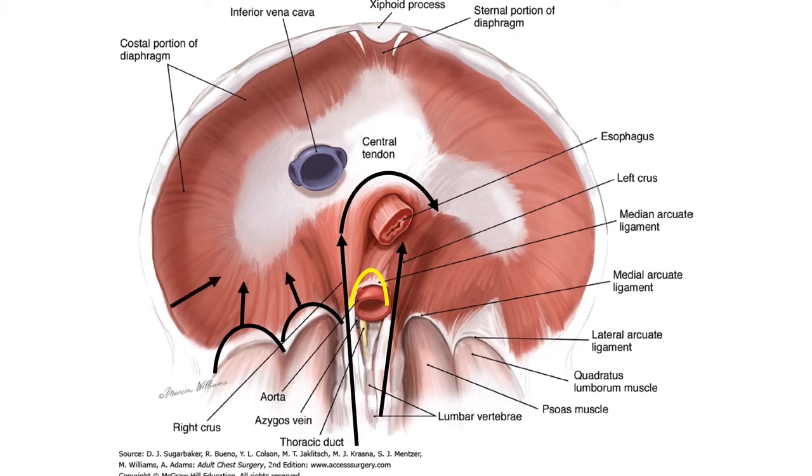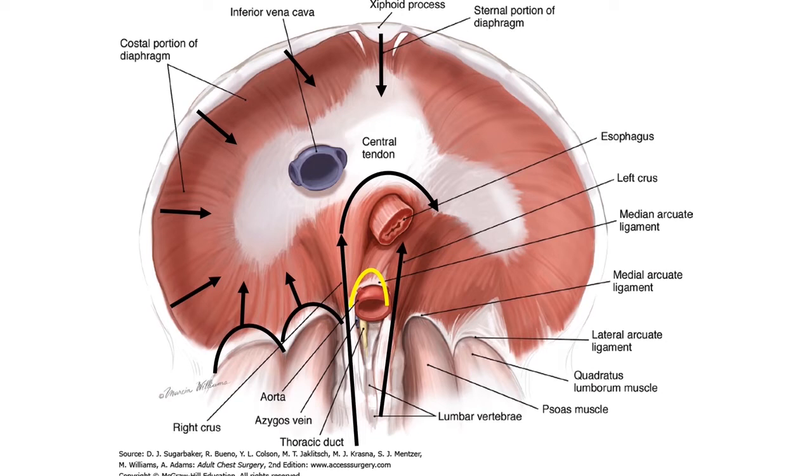Then we have this arch again. So this part giving origin to the diaphragm also has the name of arcuate, and it is lateral. So this is the lateral arcuate ligament. It is a thickening of a fascia of a muscle called quadratus lumborum.